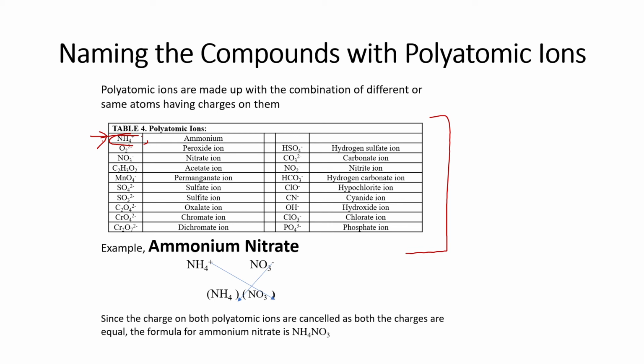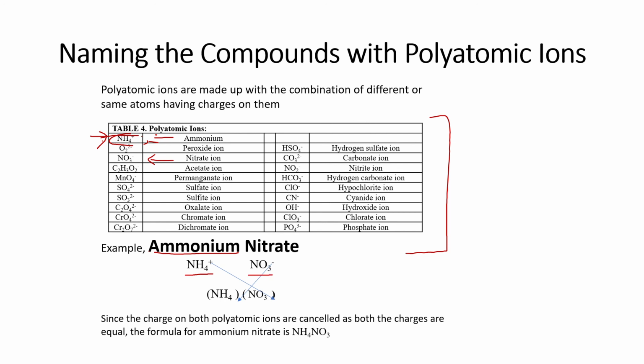Now let's write the formula for ammonium nitrate. Ammonium, in this table, has the formula NH4 plus, and nitrate is NO3 minus, which is here.